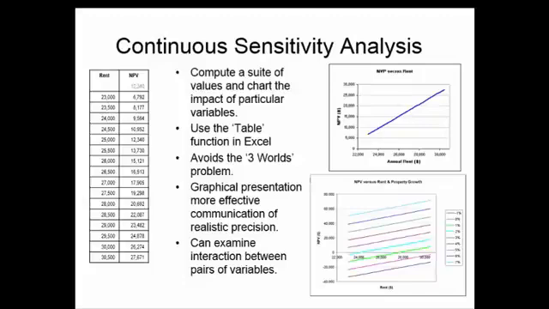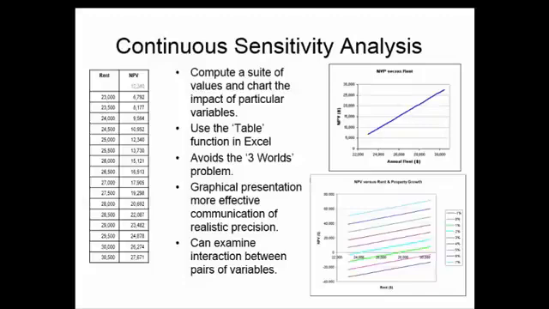Another advantage of this is that by using a graphical presentation, the apparent extreme precision that we find in the table on the left of the slide is avoided. If we look down the table, we've got numbers like $6,792 of net present value, ranging up to $27,671. Plainly, these precise values are really never going to be expected to happen.